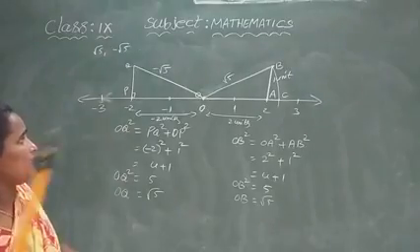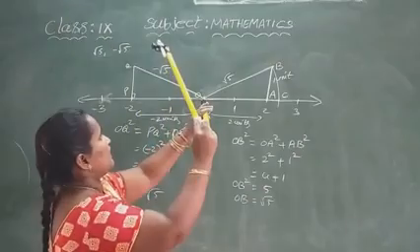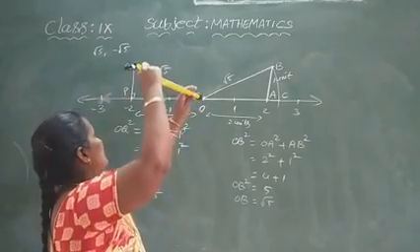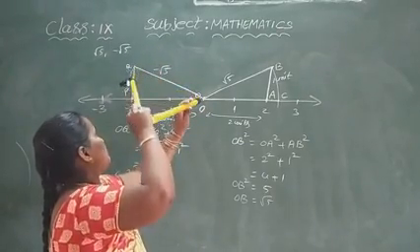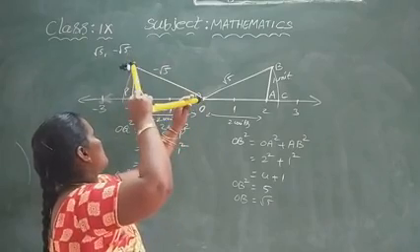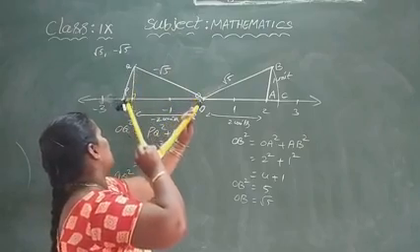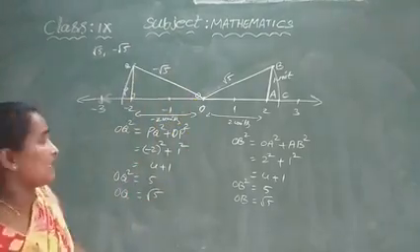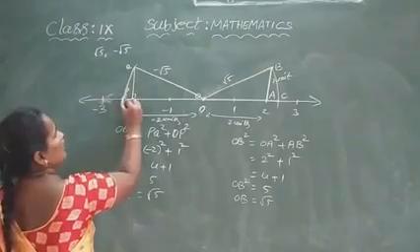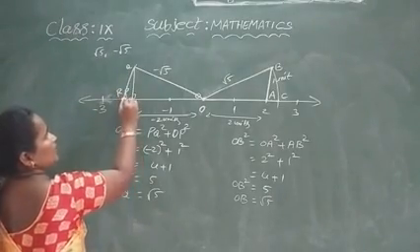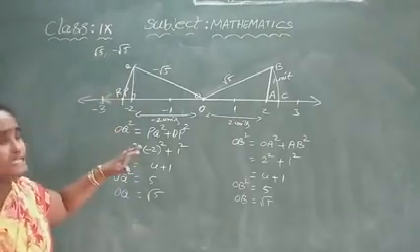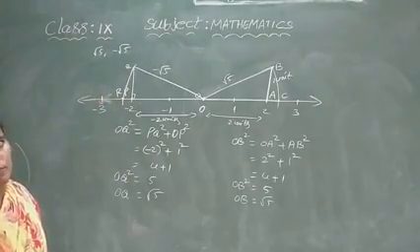So this is also the minus root 5 value. Here also you take OQ as the radius and draw one arc using the compass. This arc cuts the number line at R. R point represents minus root 5 value.